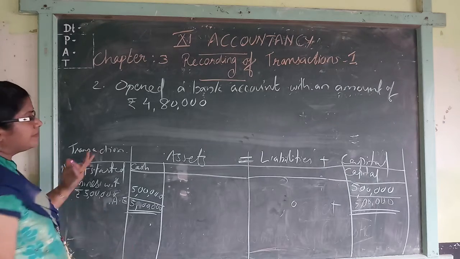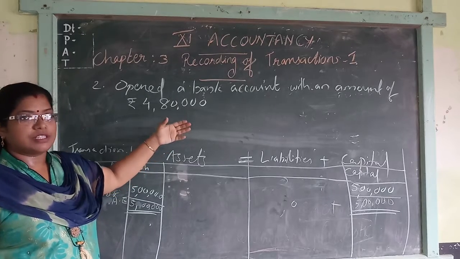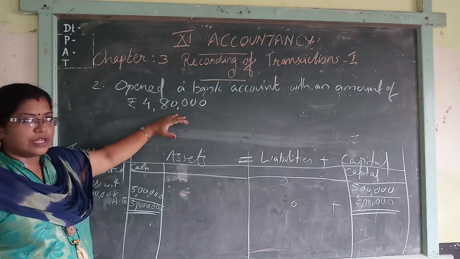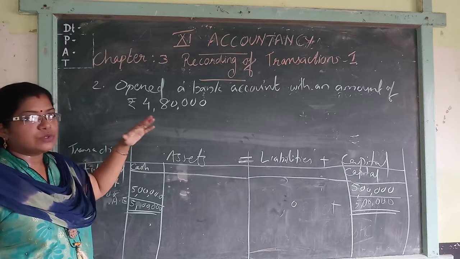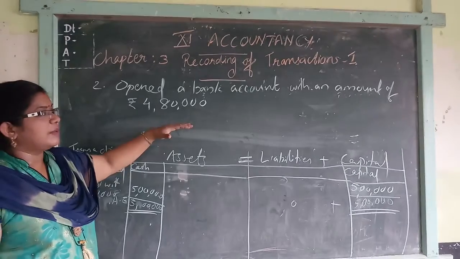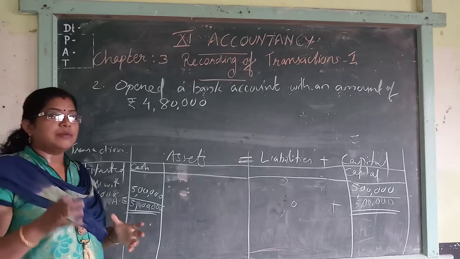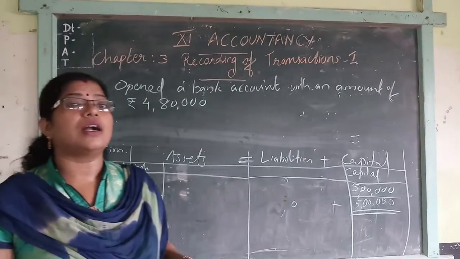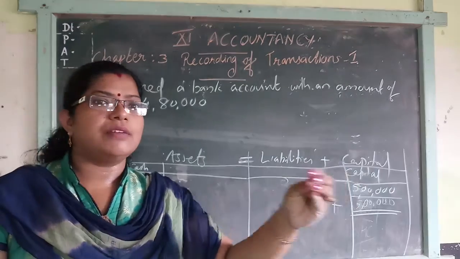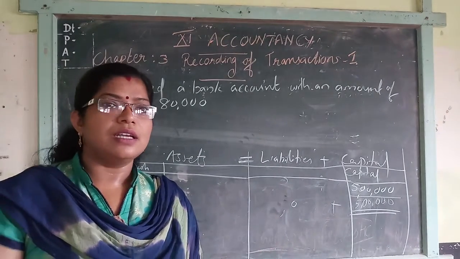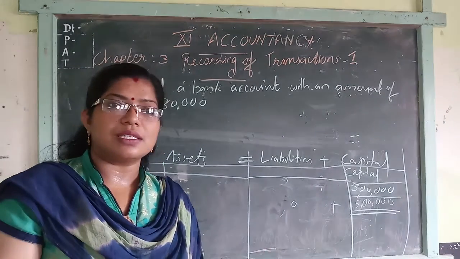Here, what are the effects? What happened to the business in this transaction, from the accounting point of view? Always think from the business point of view. One new account is opened in State Bank of India. When you open an account in the bank, your money is deposited there. That is your money, your asset, isn't it?